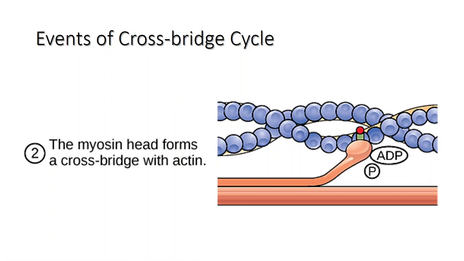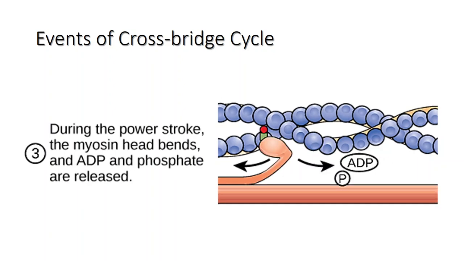Cross-bridge formation occurs when the myosin head attaches to the actin while adenosine diphosphate and inorganic phosphate are still bound to the myosin. Inorganic phosphate is then released, causing the myosin to form a stronger attachment to the actin.